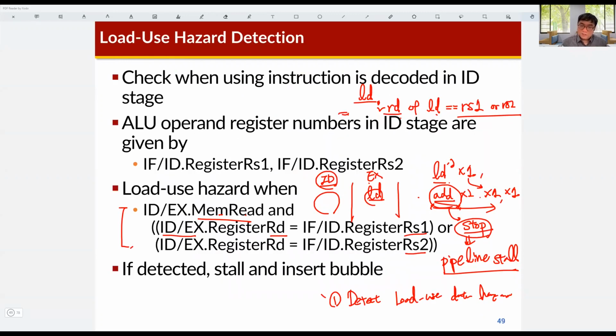Another approach is pipeline stall. If the former instruction is a load instruction, then the result of the load instruction is generated in the memory stage, so it is generated later than for other R-type instructions.